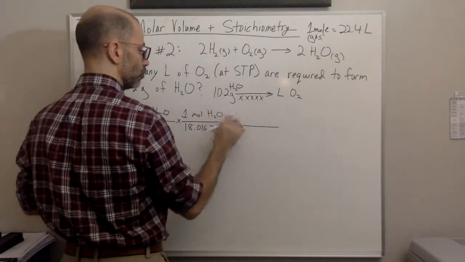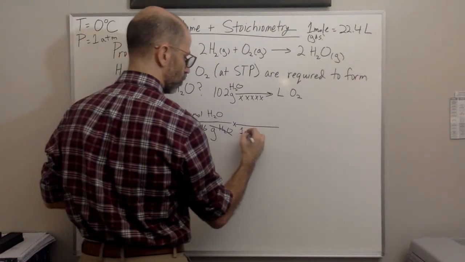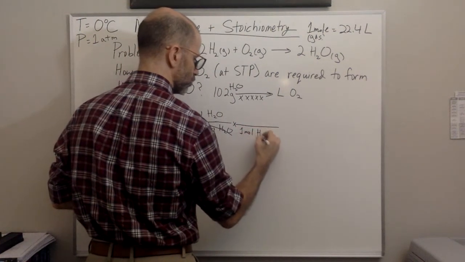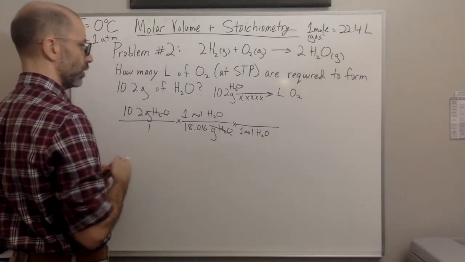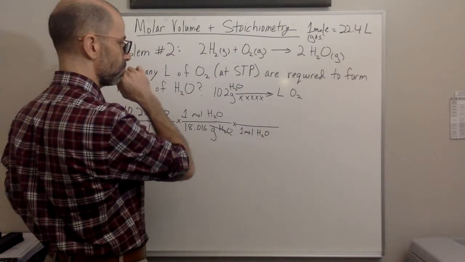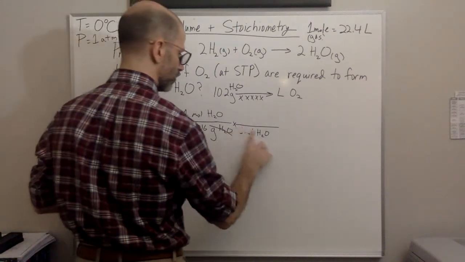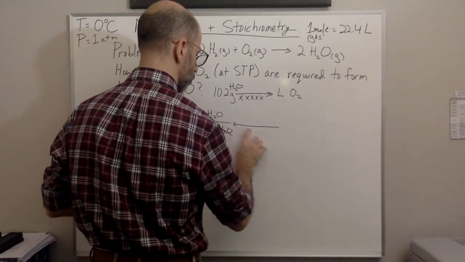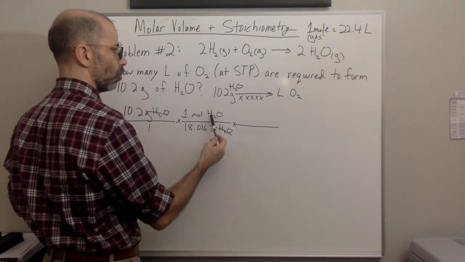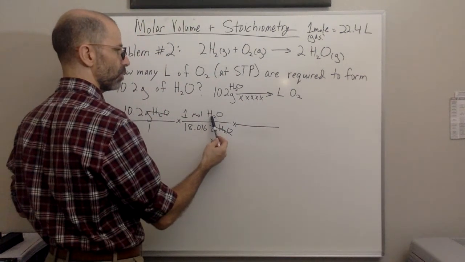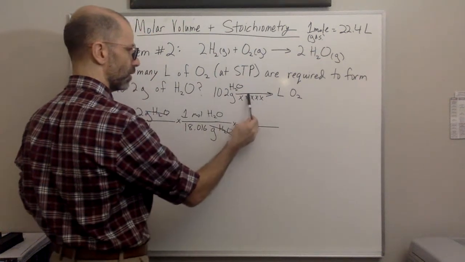Before I do that though, I'm going to use the mole ratio. I was right the first time. I'm going to use the mole ratio to convert from water vapor to oxygen because they're asking for oxygen, not water.